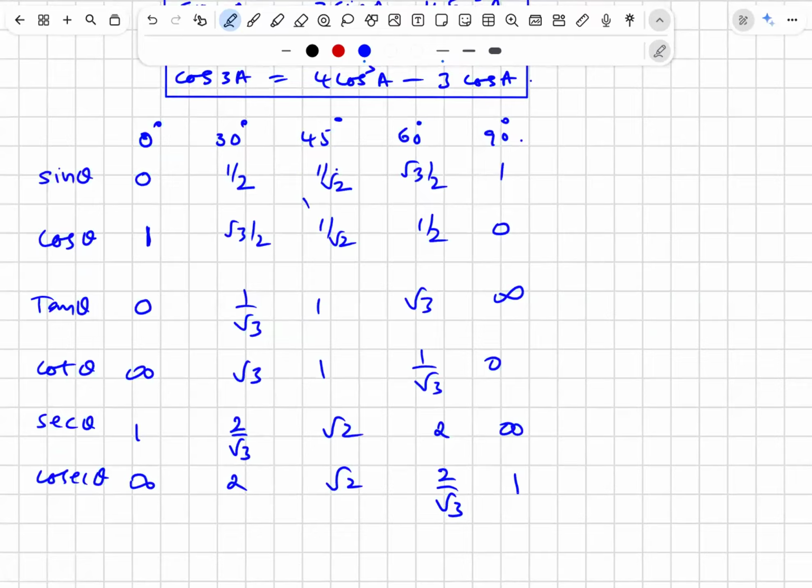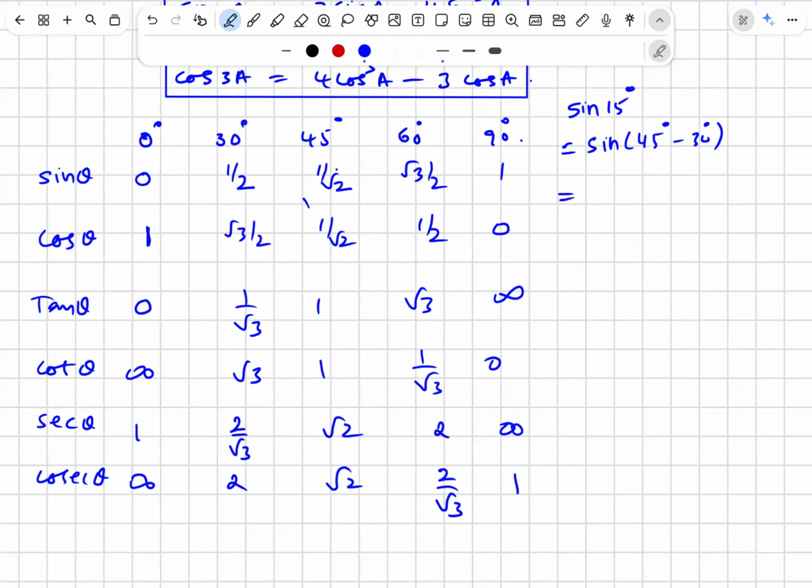Till this point. There are special situations where we might require 15 degrees. For example, if you want sine 15 degrees, we simply take sine of 45 degrees minus 30 degrees.